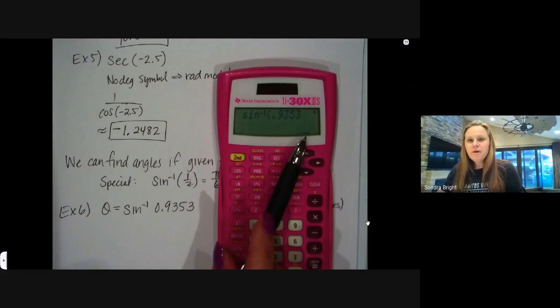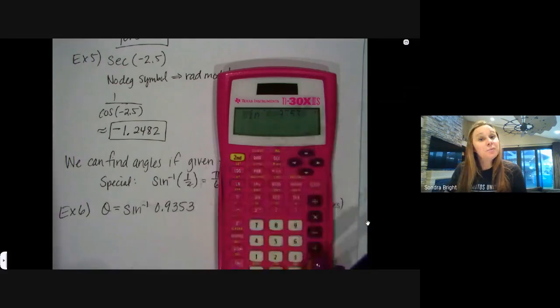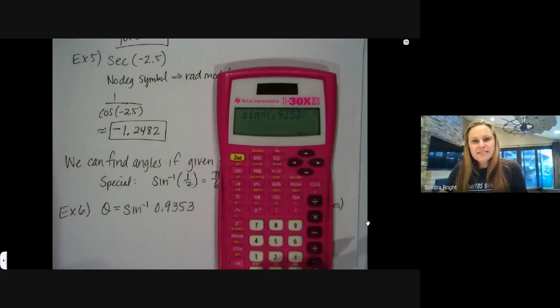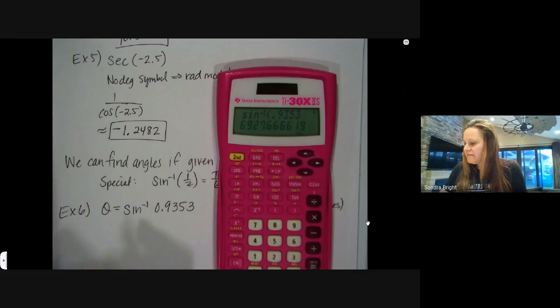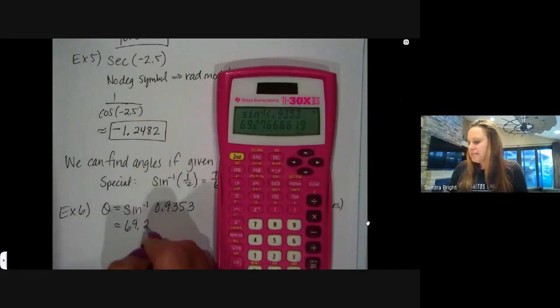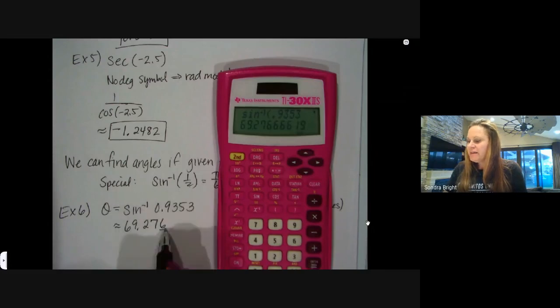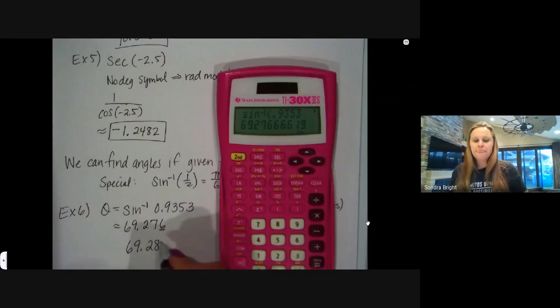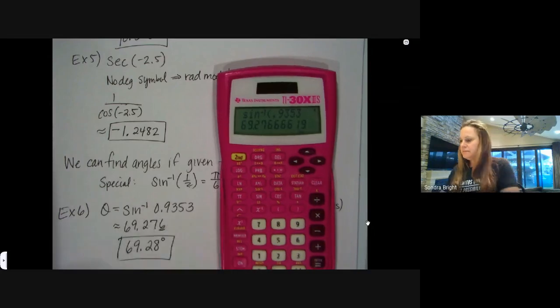Now I'm in degree mode, and now my answer will be correct. Hit enter, and you get that it is 69.276. They want me to round to 2 decimal places, so my answer will be 69 point, the 6 says round it up, so 28 degrees. Don't forget your degree symbol. Without the degree symbol, you are telling me radians, right?